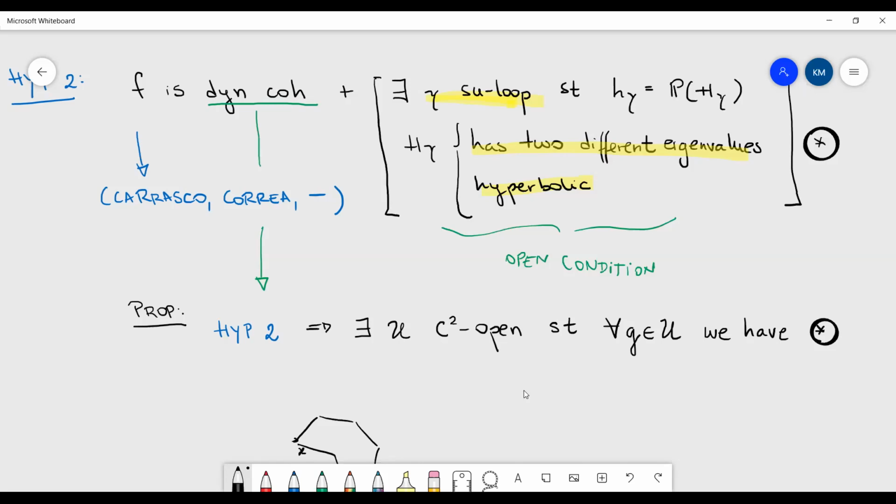Yes. We found a new SU loop close to the original one. The point X is not going to remain. It's another point near this one that is closing, and the holonomies are close because I told you that the stable and unstable foliations are close. And therefore, the holonomy is also hyperbolic for this new SU loop.